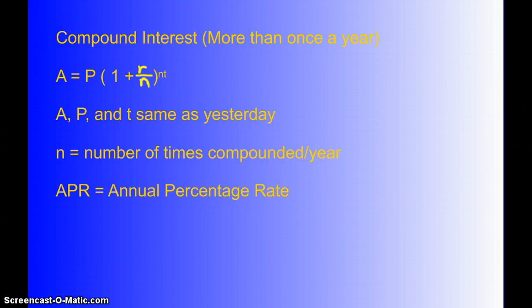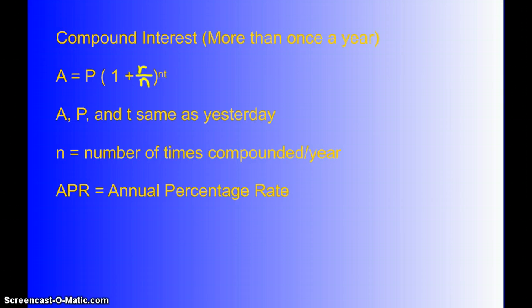That means they're going to pay you 5% throughout the year. So that's why when you look at the formula, you see R divided by N. That represents the fact that you're taking your rate and you're dividing it by the number of times you're going to compound in a year. So therefore, if you're compounding monthly, you're only going to get paid 1/12 of your rate for that month.